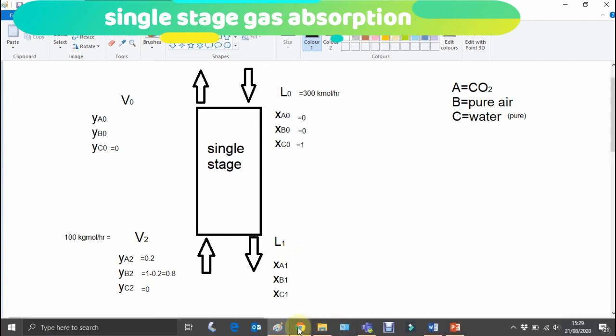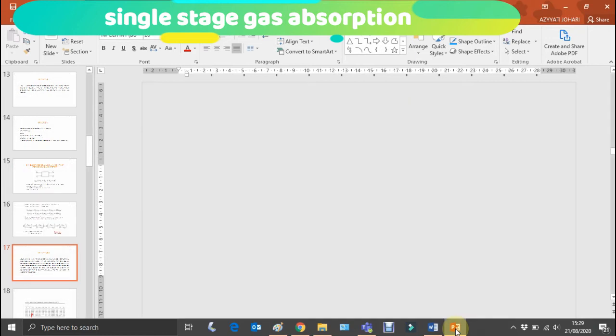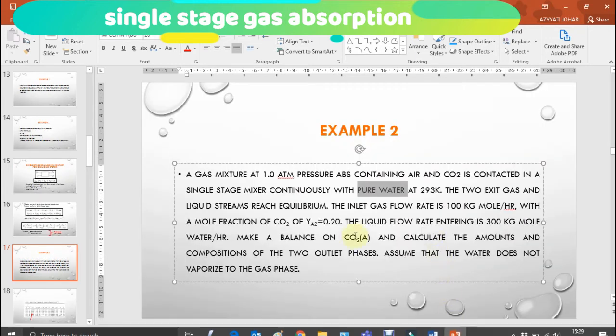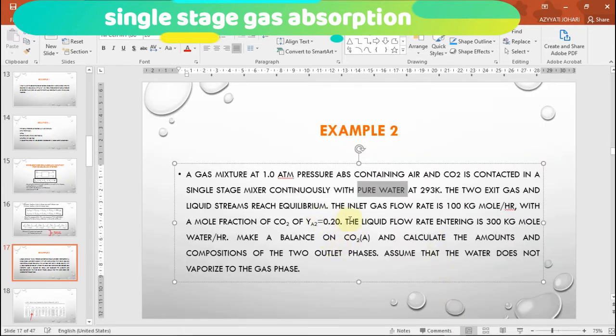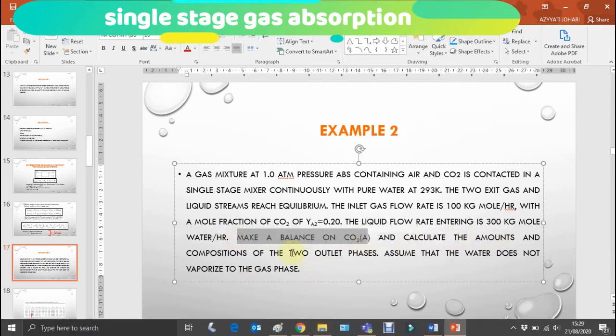Then, according to the question, they ask you to make a balance on CO2. Whenever you want to calculate the amount and composition, you automatically do the balance. So calculate the amount and composition of the two outlet phases.